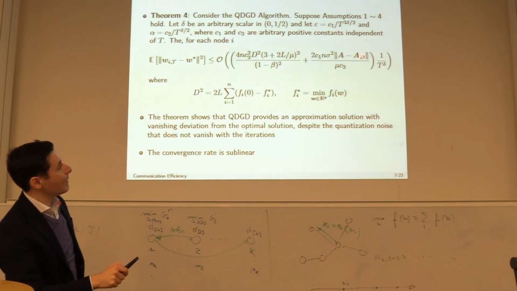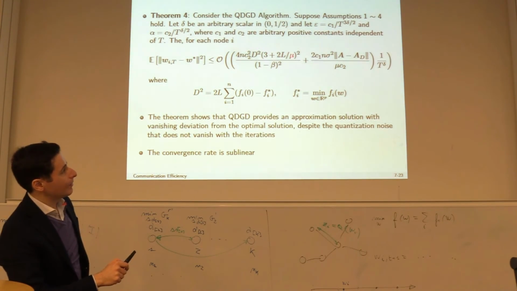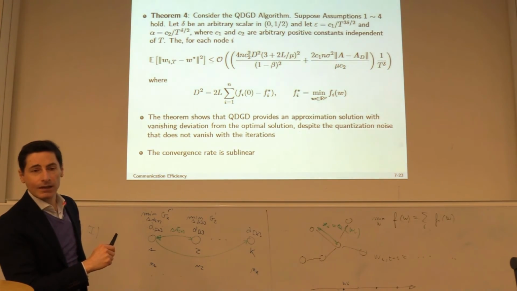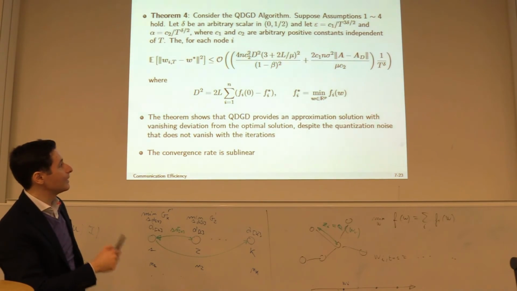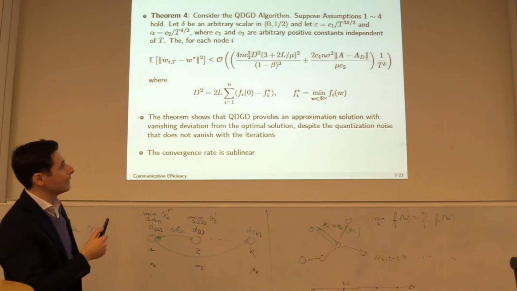This convergence result depends on many things, such as L of the function, the mu of the function, the number of variables, these arbitrary constants C1 and C2, the matrix A, the diagonal version of the matrix A, and beta, which is the difference between the second largest and the third largest eigenvalue of the matrix A. This is an interesting result.